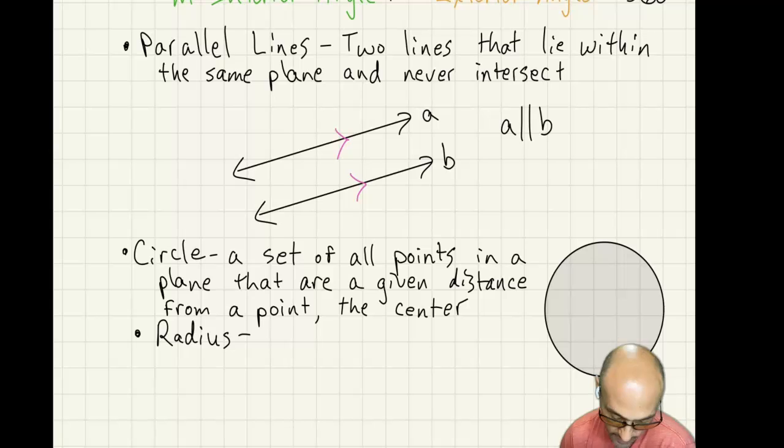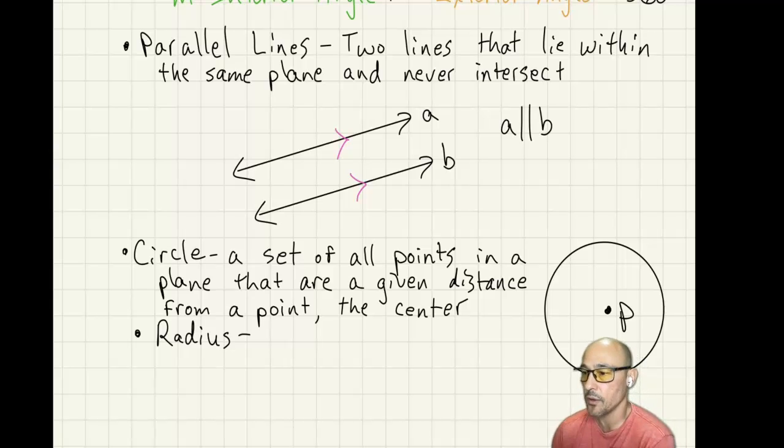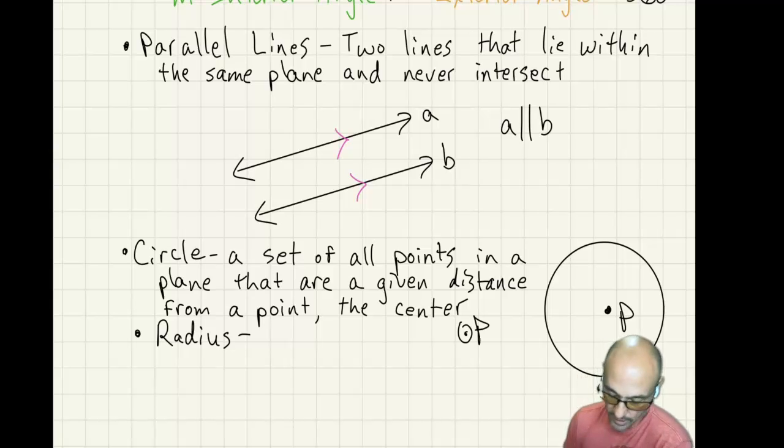So here, let's say if we have the center here, and that is point P, then we can say that any point here, they're all the same distance away from point P, and so that makes all the points on that line a circle. And so we represent this as circle P, like that.